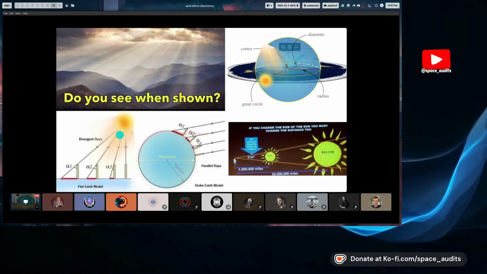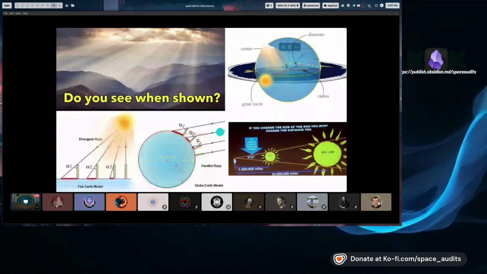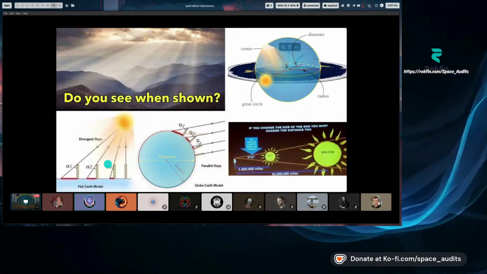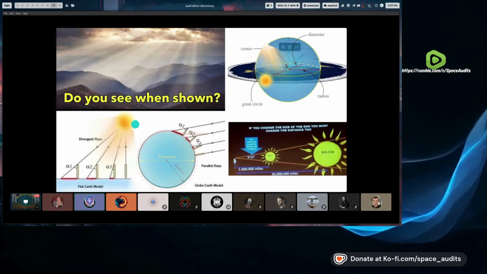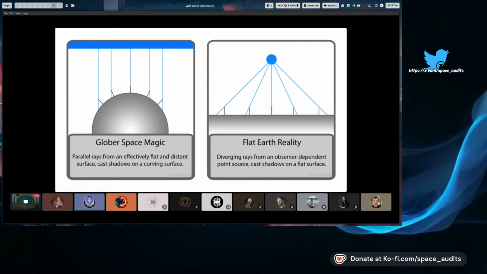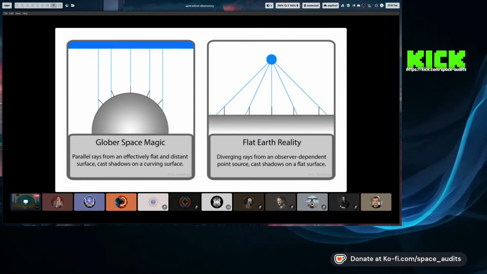Moving along here, we have, of course, divergent rays being equal to the parallel globe rays. Everyone knows this position as well. If you move the sun closer, the angles match up with multiple observers. Now that's because angles to the sun and really any celestial angle comes down to this.